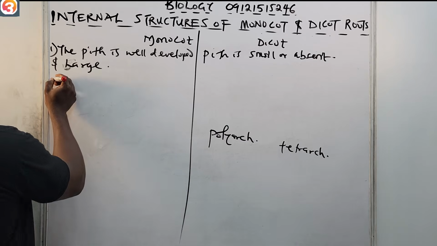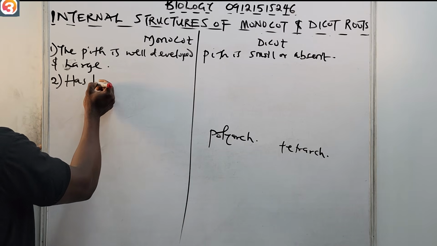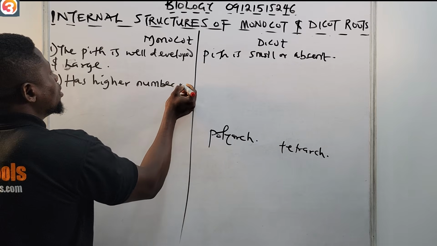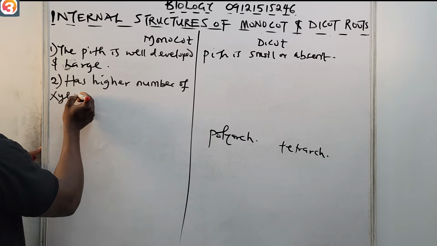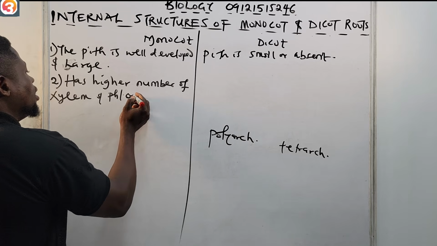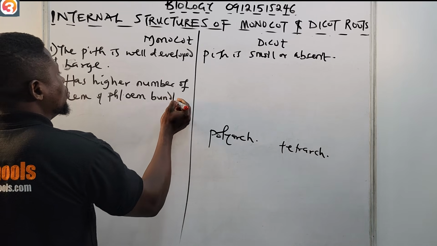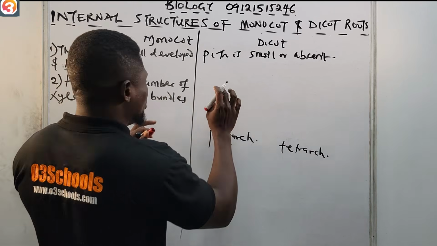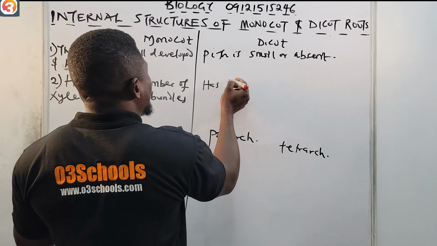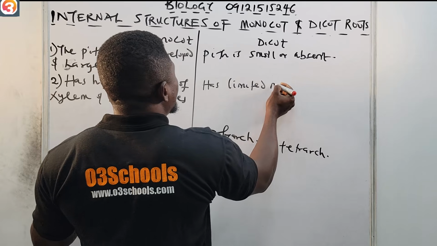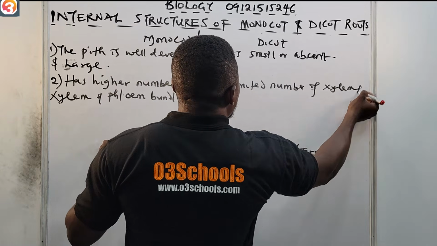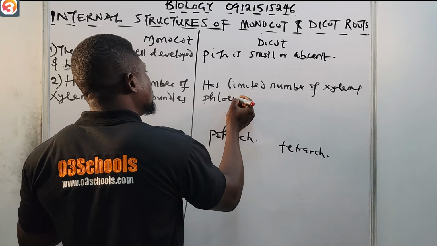So you can say number two, the monocot has a higher number of xylem and phloem bundles. This one has a limited number of xylem and phloem bundles.